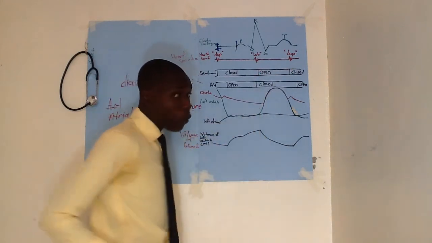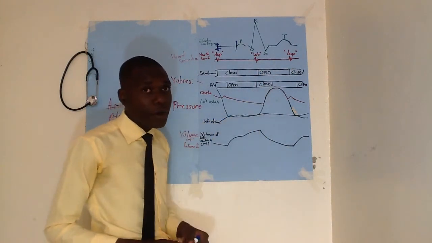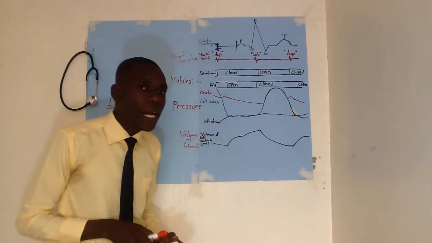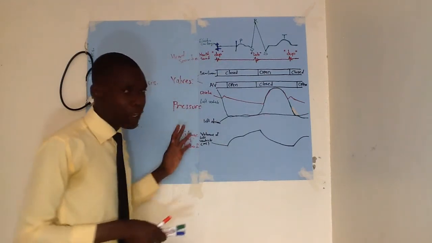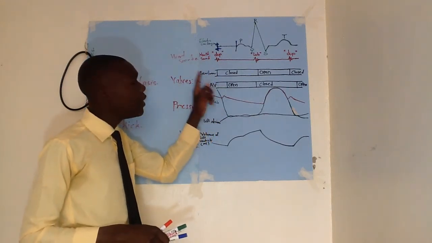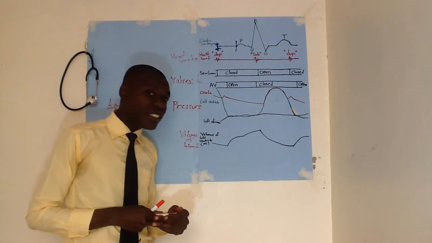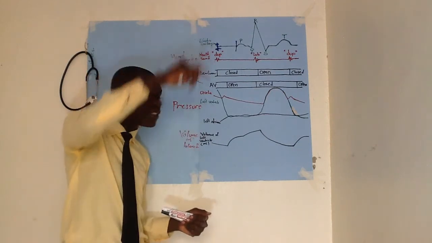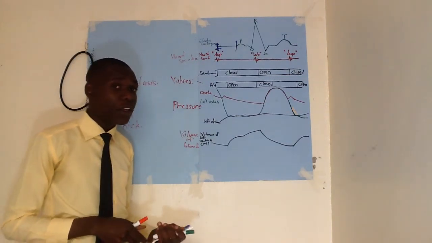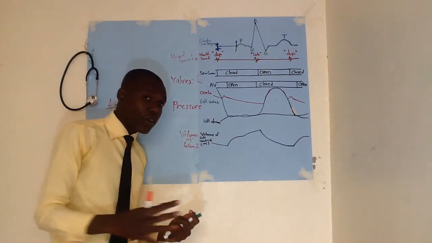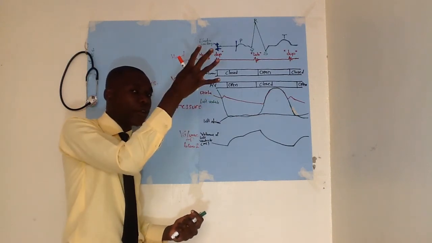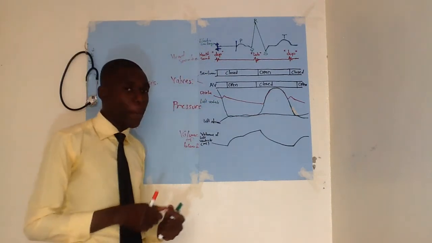And when these valves open up, blood will start moving into the arteries. Blood will move from the right side of the heart, the right ventricle, across the opened pulmonary arterial semilunar valve to the lungs. And on the left side of the heart, blood is going to be moving from the left ventricle, passing across the aortic arterial semilunar valve to the aorta and to the body.